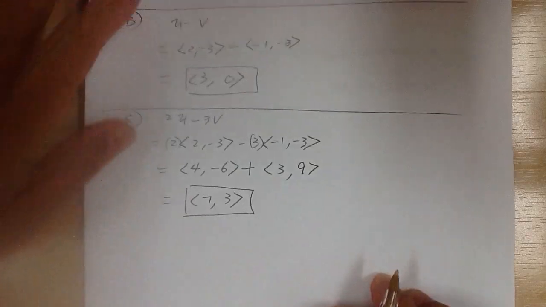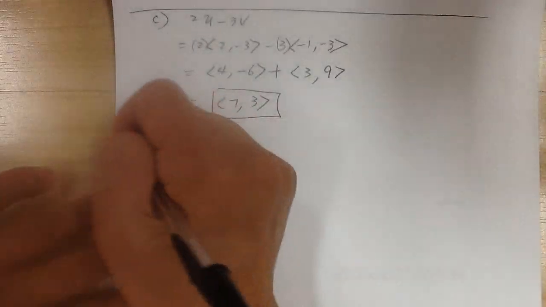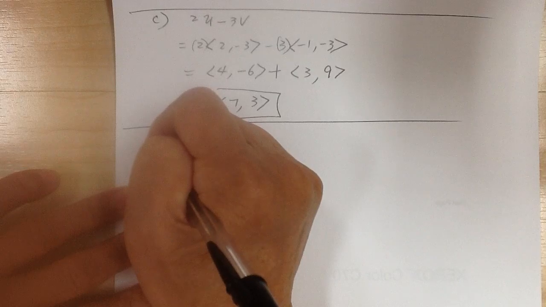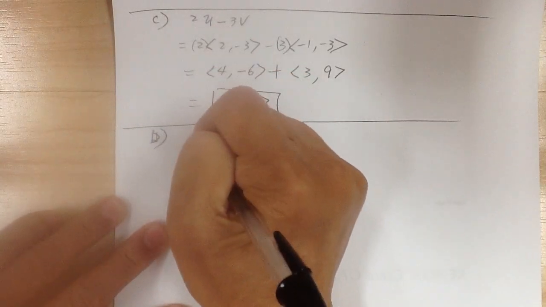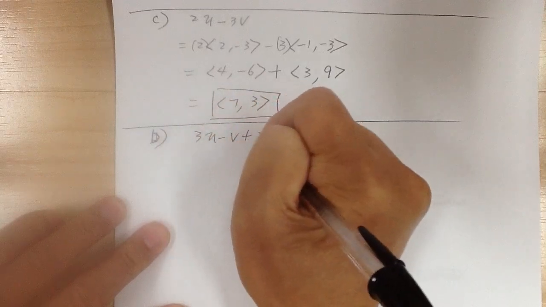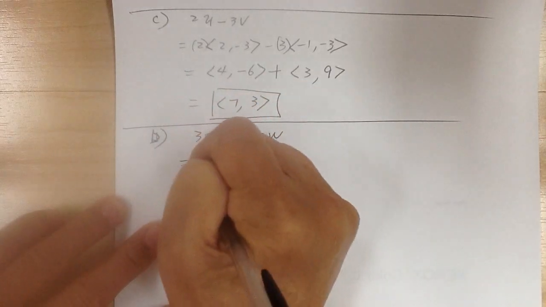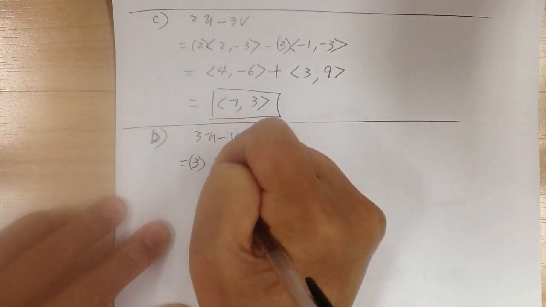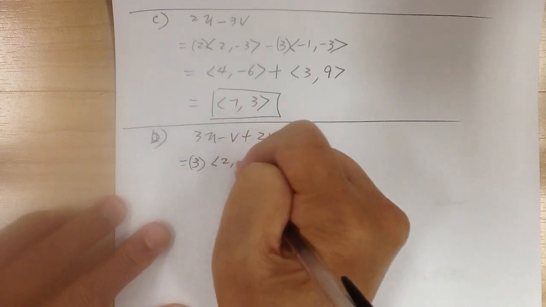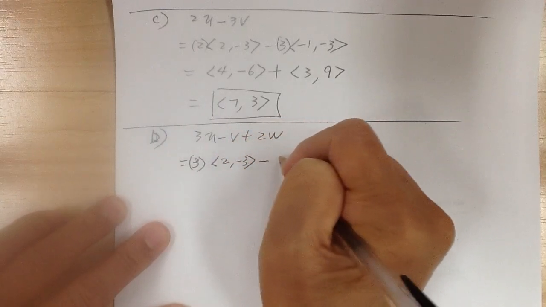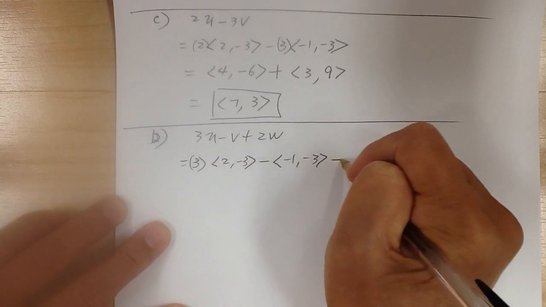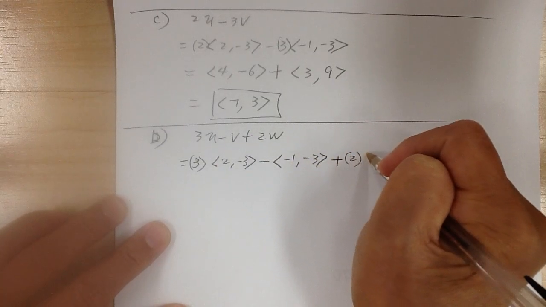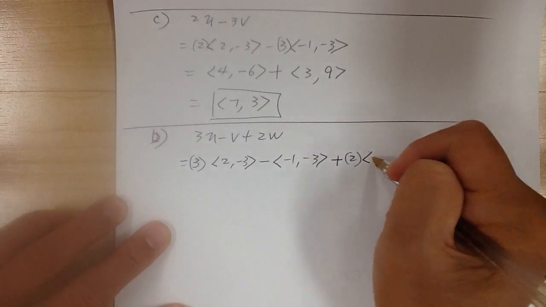Okay, next one, let's do D. You've got 3u minus v plus 2w. So substitute everything in. 2, comma negative 3 minus v, which is negative 1, negative 3, plus 2 times w, which is negative 2, 0.